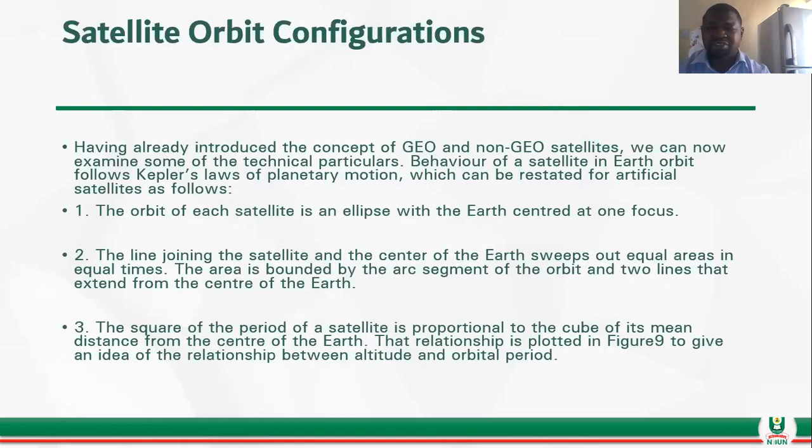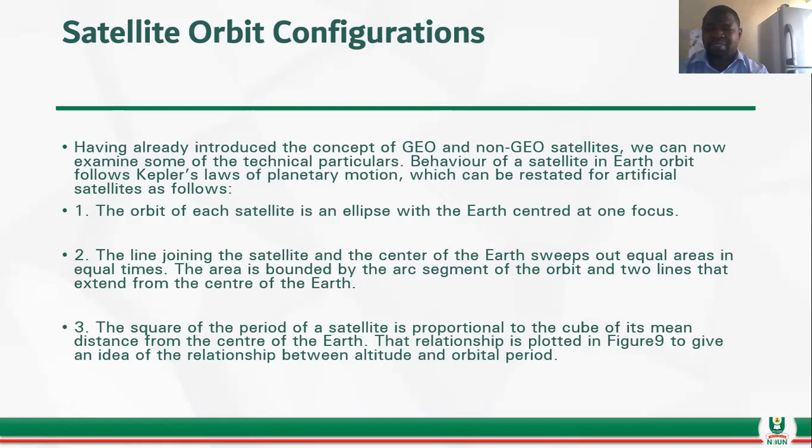Now, satellite orbit configurations. Having already introduced the concept of GEO and non-GEO satellites, we can now examine some of the technical particulars. The behavior of a satellite in Earth orbit follows Kepler's laws of planetary motion, which can be restated for artificial satellites as follows.